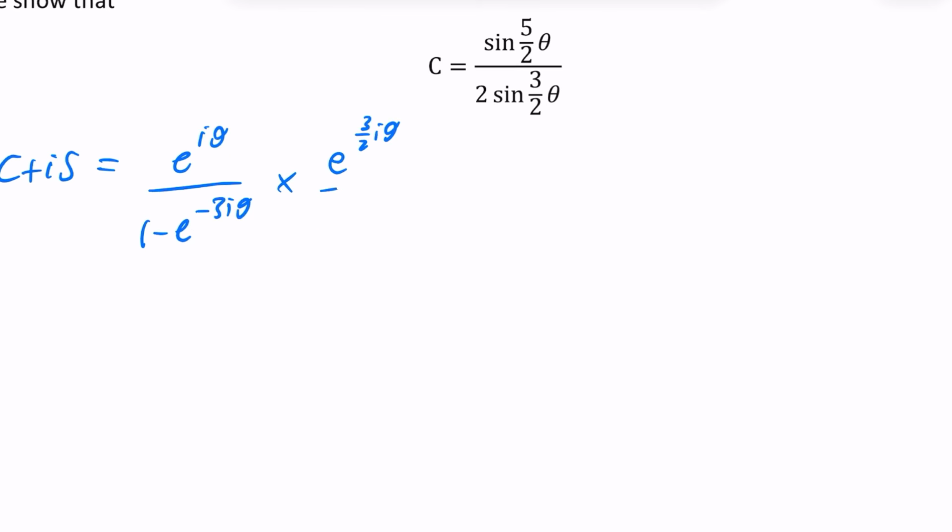So it's this multiplied by this. The numerator becomes e to the (1θ + 3/2 iθ), which is 5/2 iθ. And then the denominator is going to be e^(3/2 iθ) − e^(−3/2 iθ).